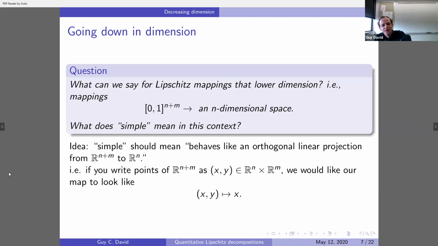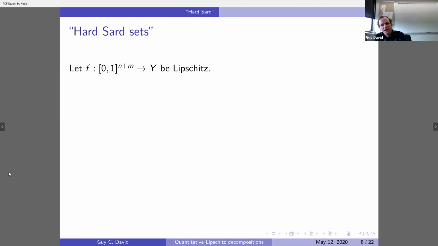So in other words, if you view R^(n+m) as Rn cross Rm, then you would like the map to just look like the mapping that sends (x, y) to x, that forgets the last m coordinates. That's kind of the model for the simplest possible map. Okay. So that inspires this definition.